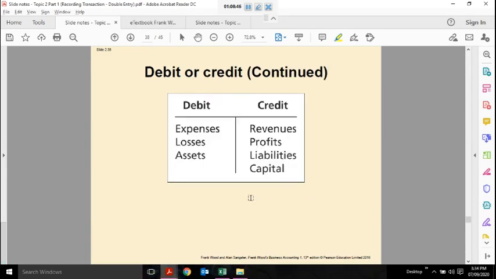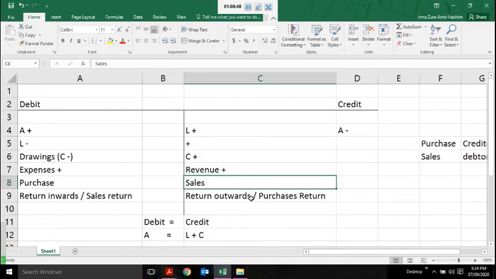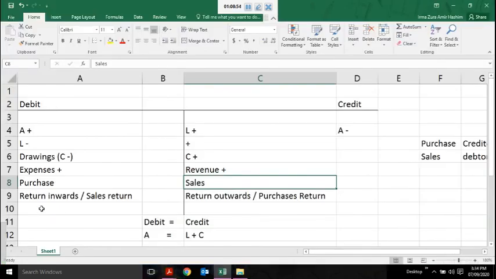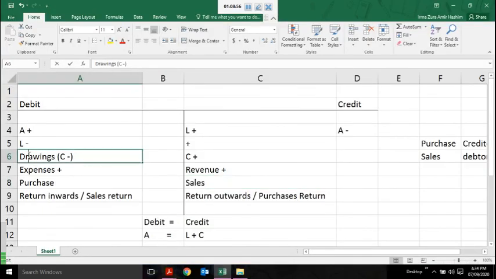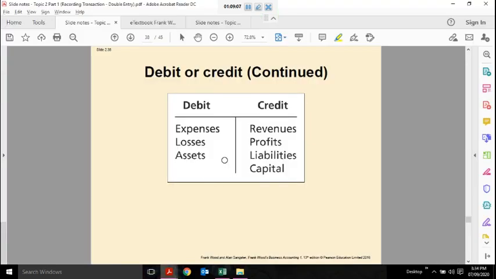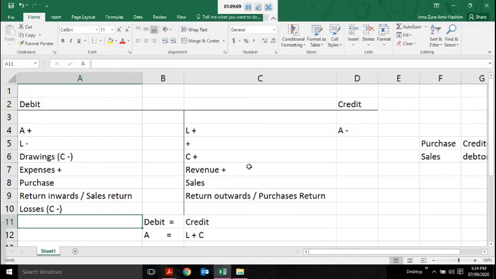So this is what you should memorize. It's the same one as what I prepared here. You have expenses, losses, assets. Oh yeah, losses. Remember we have drawings, right? We also should have losses here, but basically it will reduce your capital. So revenue, profits, revenue.